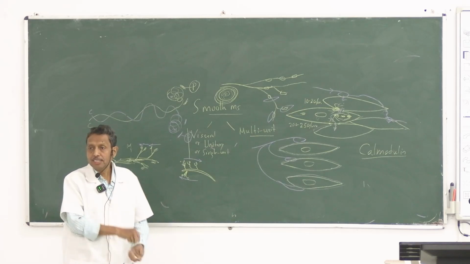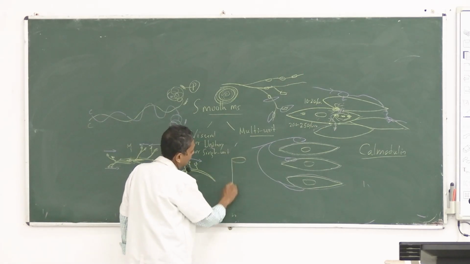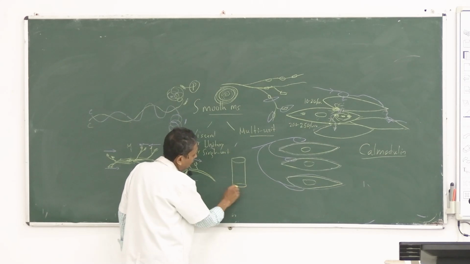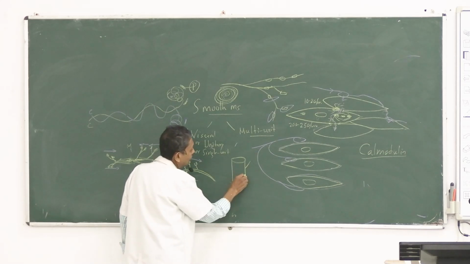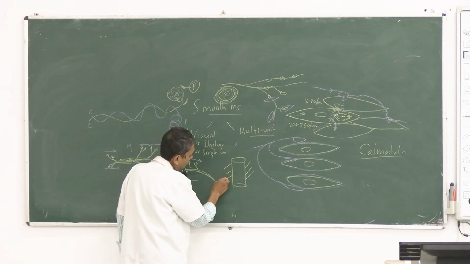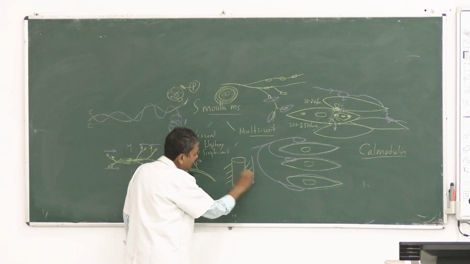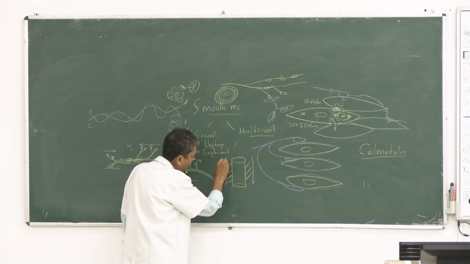In the side polar arrangement, on one side of the myosin filament it is in this direction and on the other side it is in the opposite direction. So it will move in this way and in the opposite way.